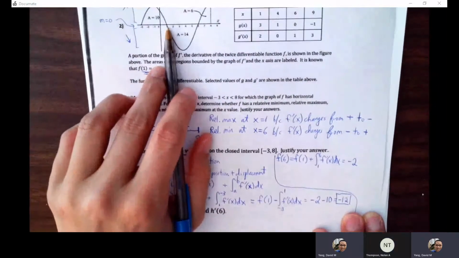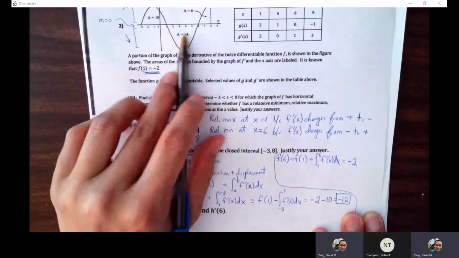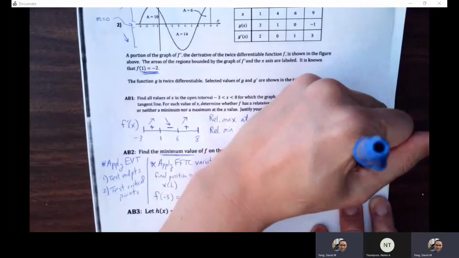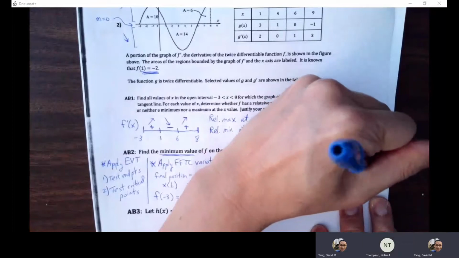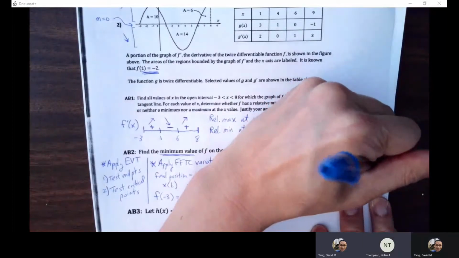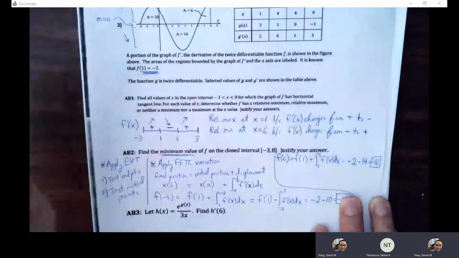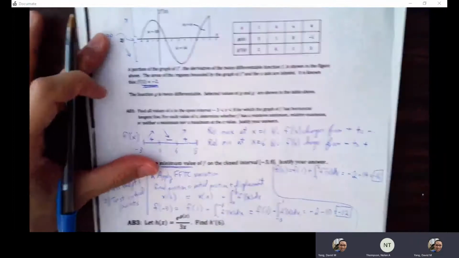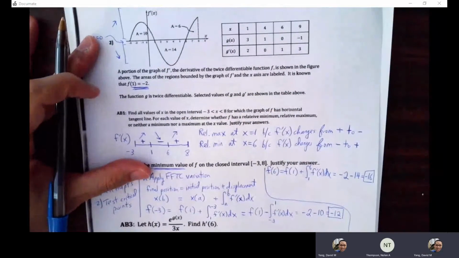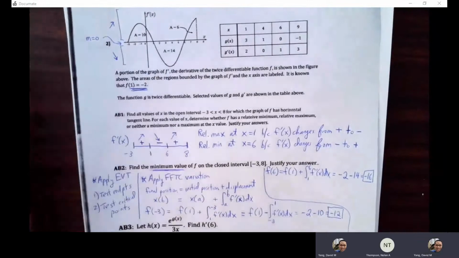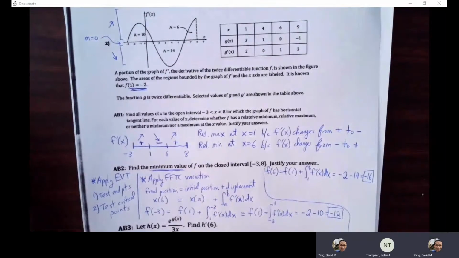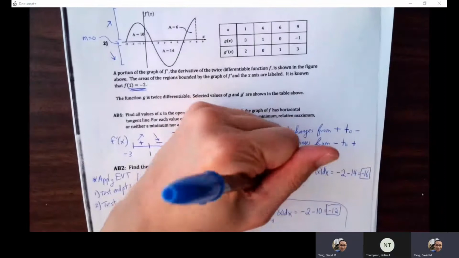From 1 to 6, that's below the x-axis, so that's -14. So it's always going to be a -14? What do you mean? It's always going to be a negative area if it's below. That's right, that's below. All right, f of 8.